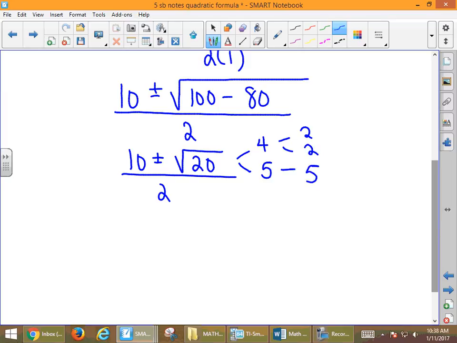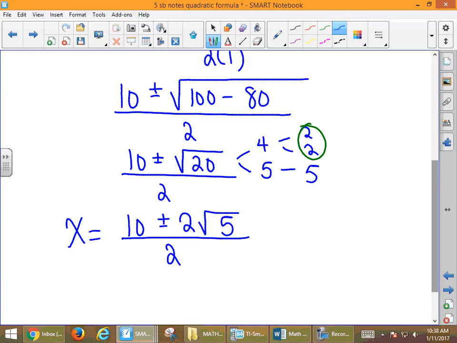But when we look at this, remember, we need 2 of the same value to take out 1. We have 2 2's. So this becomes 10 plus or minus 2 radical 5, divided by 2. Those are the values that x equals.